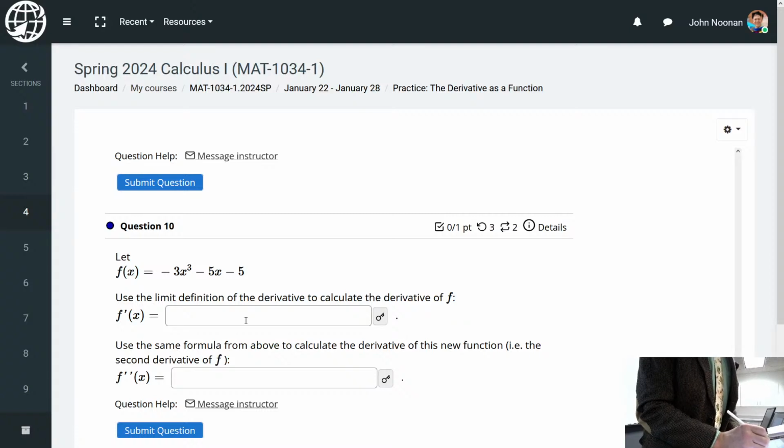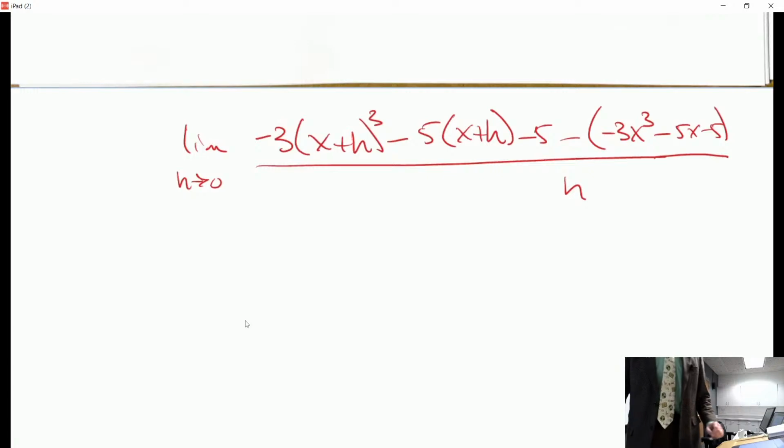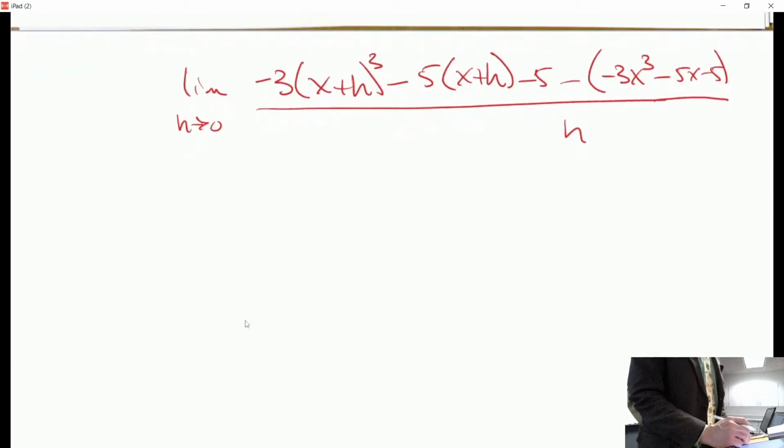x plus h cubed. I'll show you what I'm writing once I get it written. Minus 5 times x plus h minus 5 minus negative 3x cubed minus 5x minus 5, all over h. Okay, let me show you what I've written. So I hope I copied this correctly. Here's what I've started with.